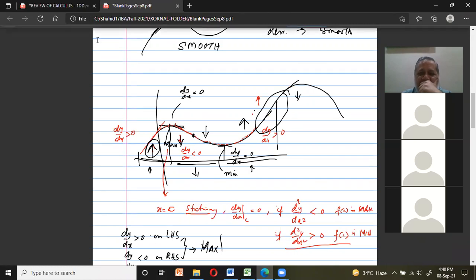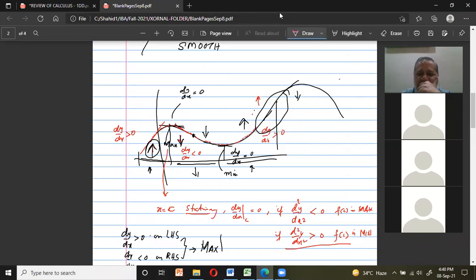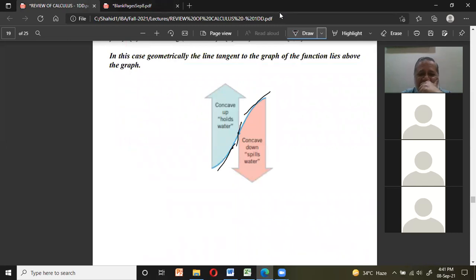Let me use another color for concavity. Concavity down, concavity up, and then concavity remains up, and then concavity goes down. So wherever the concavity changes, we have an inflection point.